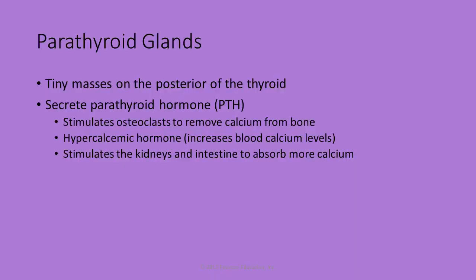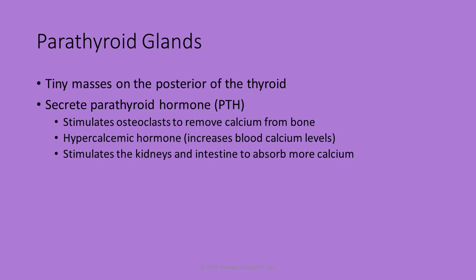The parathyroid gland is going to be on the posterior side of the thyroid. It does secrete parathyroid hormone, which is involved with increasing the levels of calcium in your blood. It will stimulate kidneys and intestines to absorb more calcium, and it will also stimulate osteoclasts to remove calcium from the bone matrix.